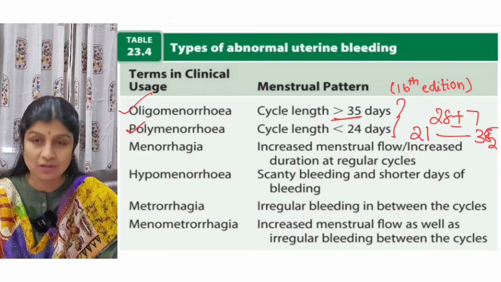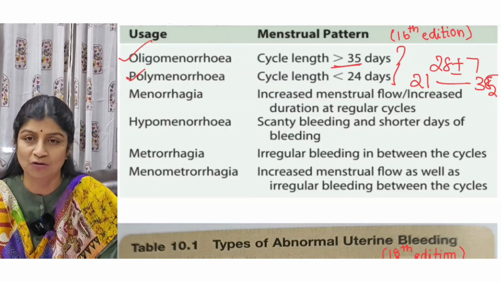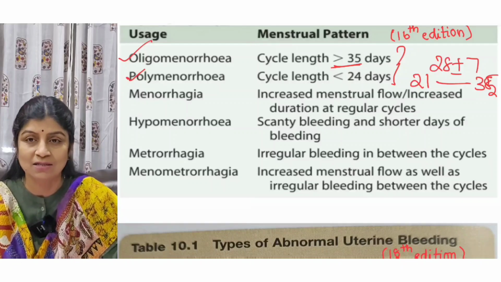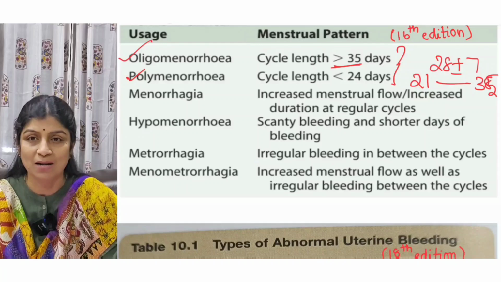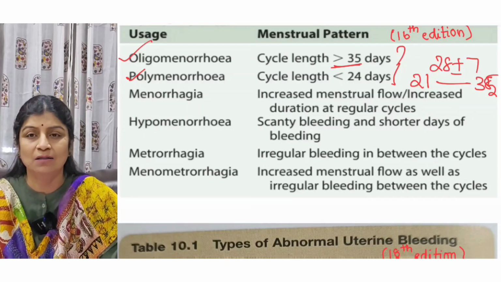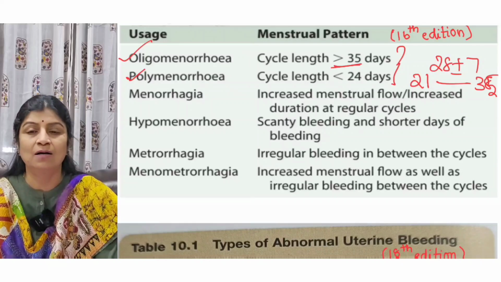Then coming to the duration or quantity of flow. We have already discussed the normal duration and quantity of flow. If the quantity is increased, that is more than 70 ml, or the duration of bleeding exceeds 7 days, with a normal cycle length, this is the prerequisite.